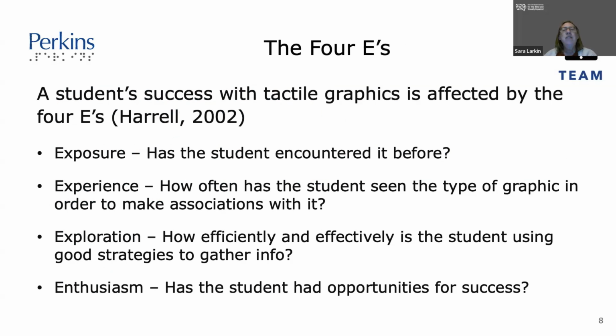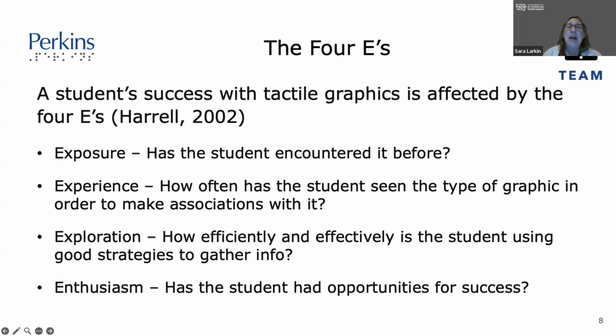One of the things that often comes up when we're talking about tactile graphics specifically is the 4 E's by Harrell. There are 4 key elements that we need to look at. The first is exposure.